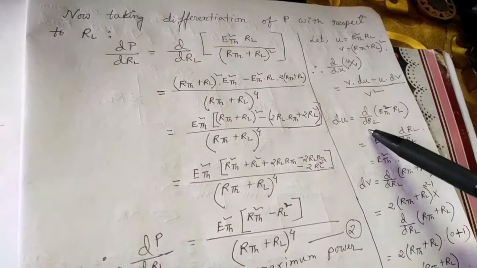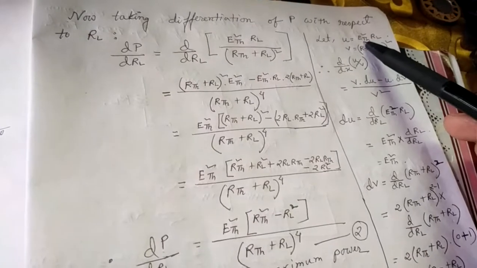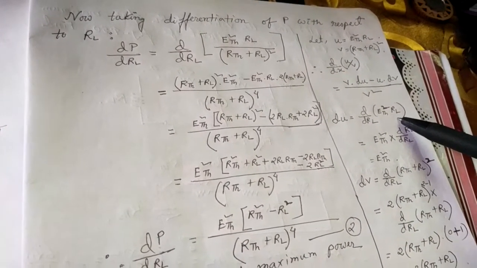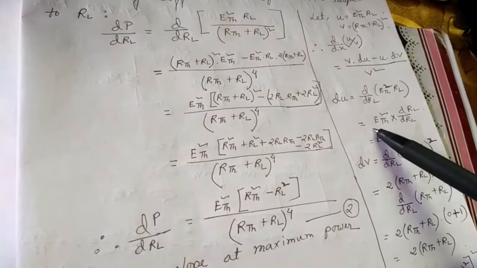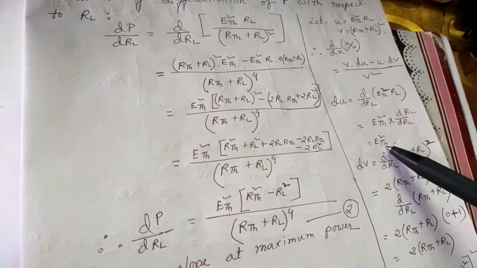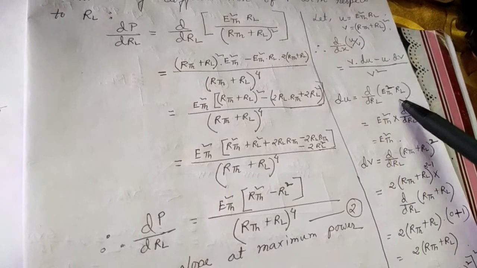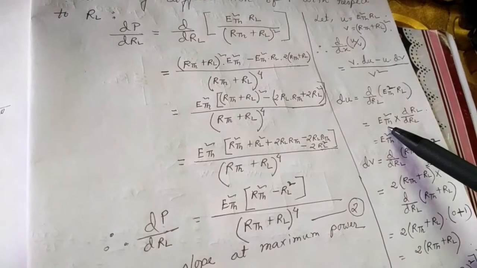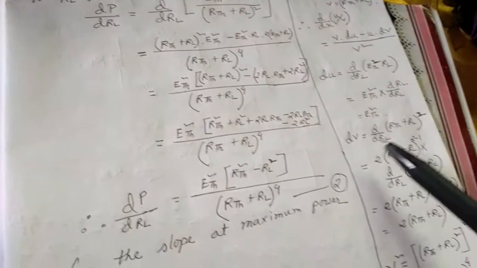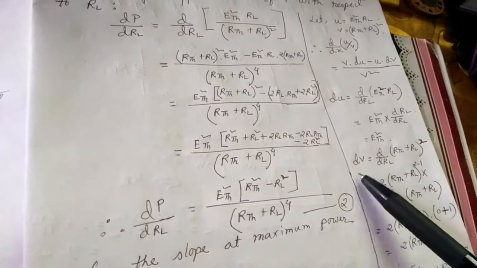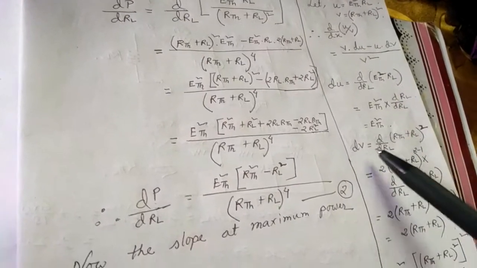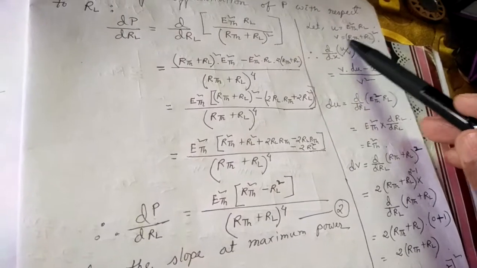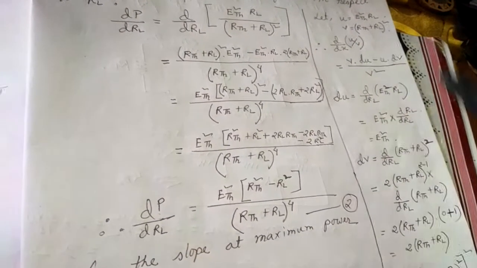So you see here du equals ddRL of U, which means E Thevenin square RL. Ultimately we get E Thevenin square, because ddRL of RL equals 1 and E Thevenin square is a constant. Now we go for the dv part. dv equals ddRL of R Thevenin plus RL whole square.